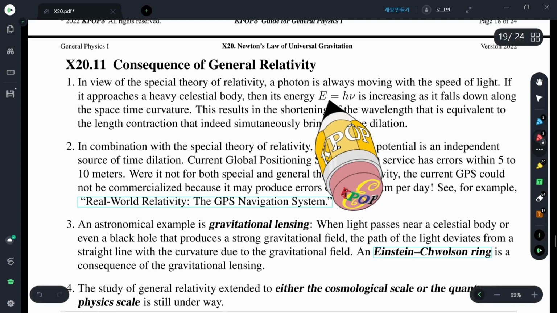Anyway, as well as general relativity, there is the special theory of relativity, that the speed of light is the maximum speed of a massive object, and the speed of light is the same for everyone.